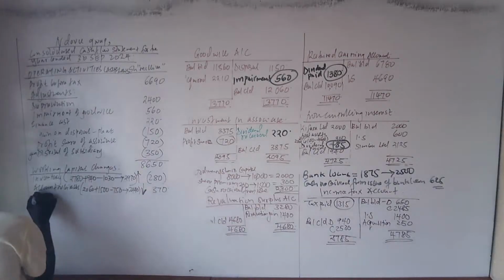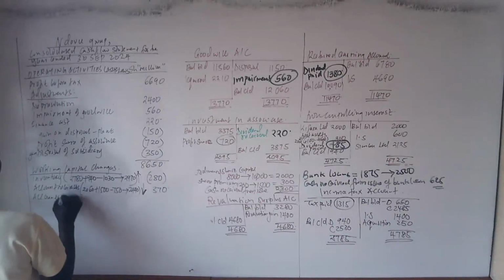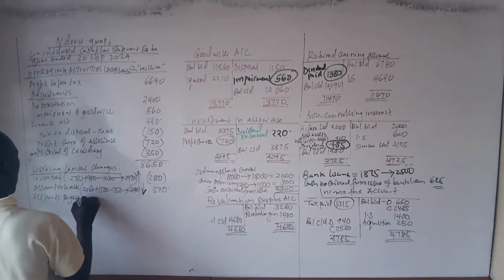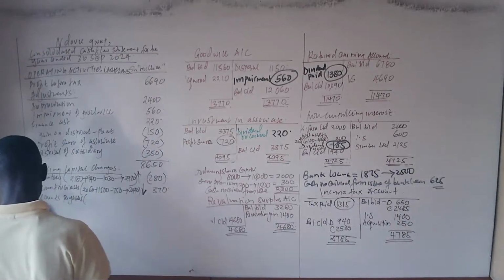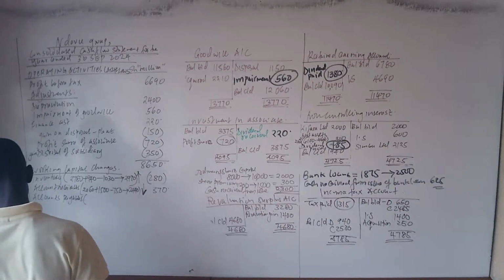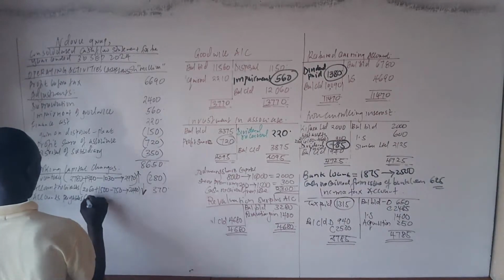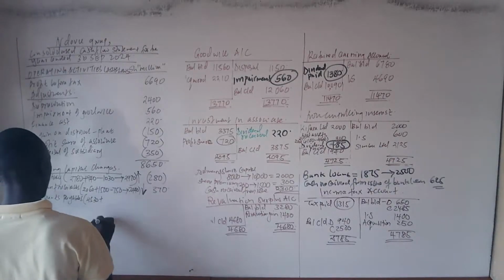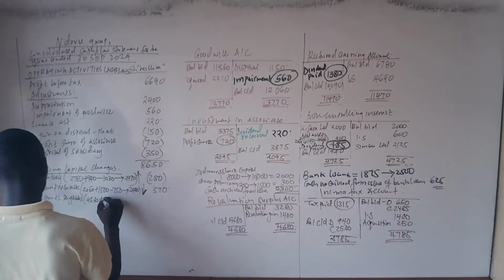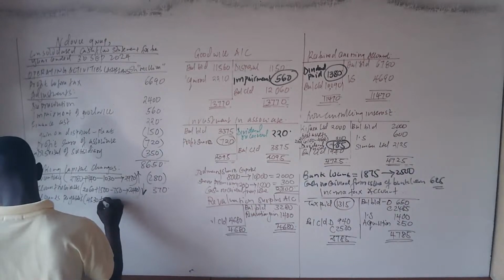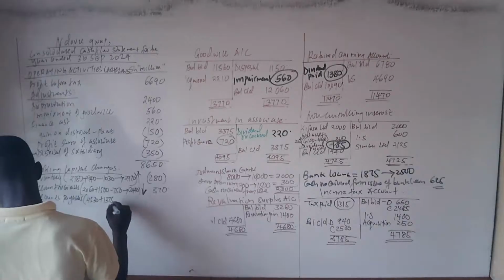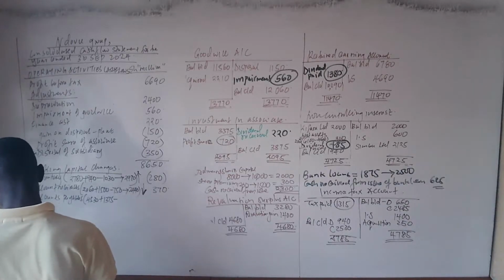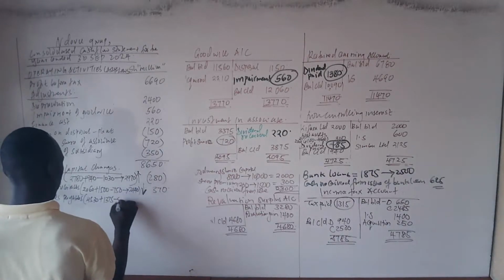How much? 370. Then we go to the accounts payables. Account payables we have 4530, plus payables acquired 1375, then minus disposal 510.